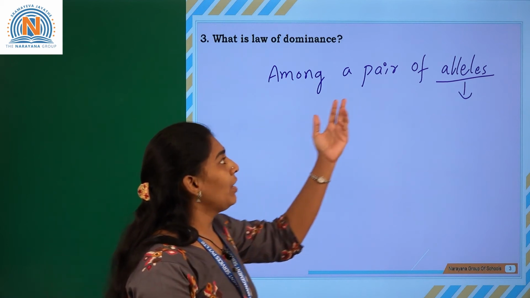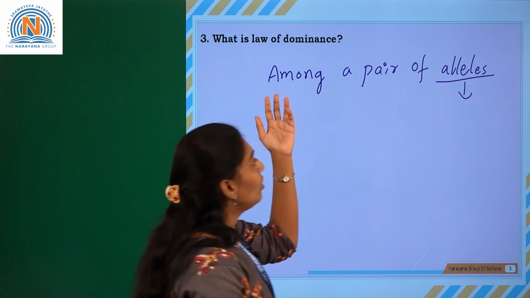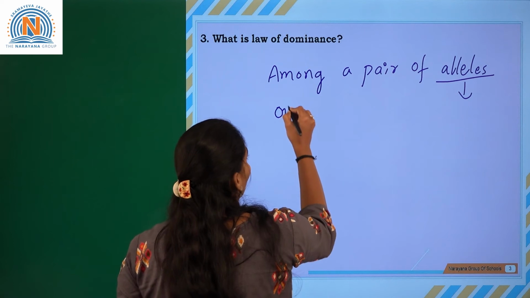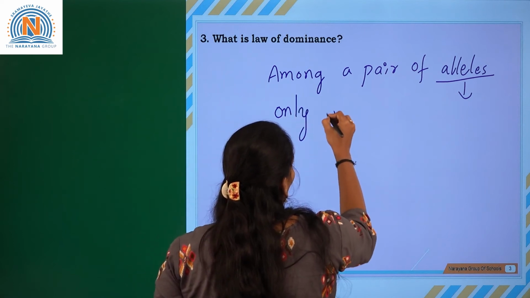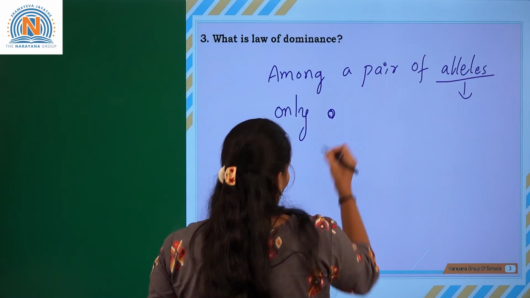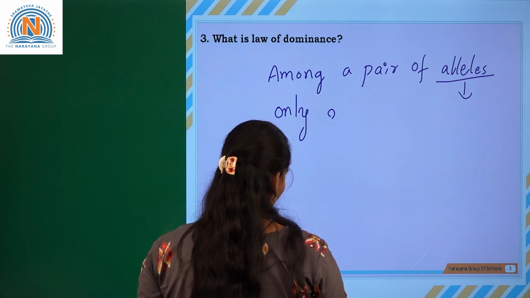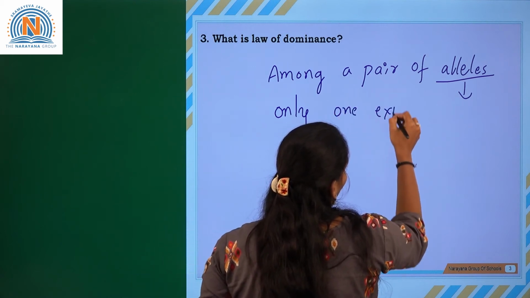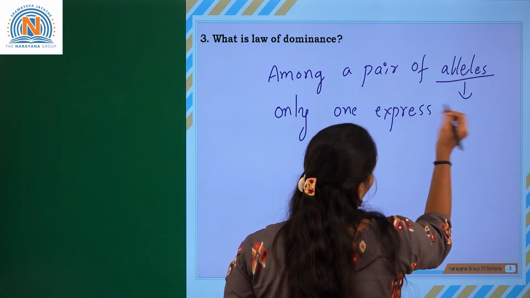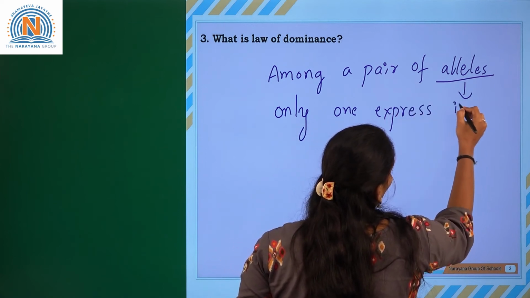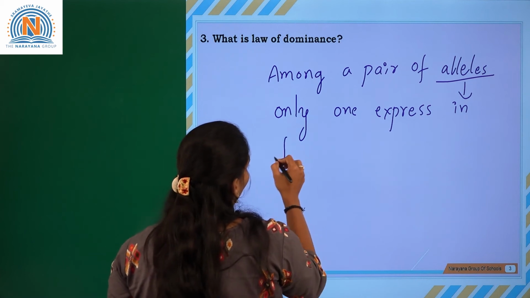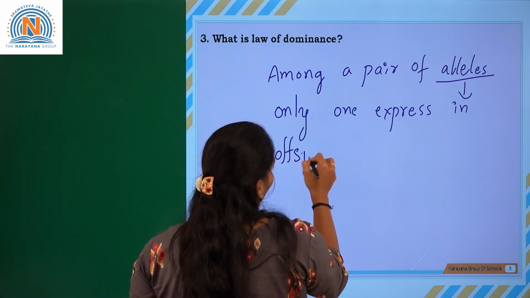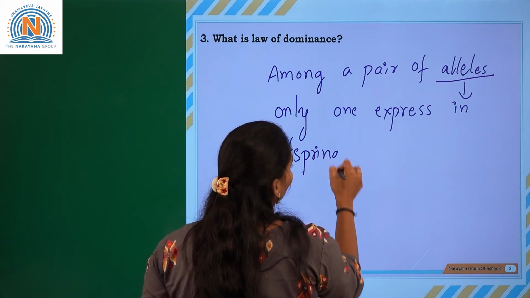So among a pair of alleles, only one expresses itself in the offspring. Offspring is the next generation.